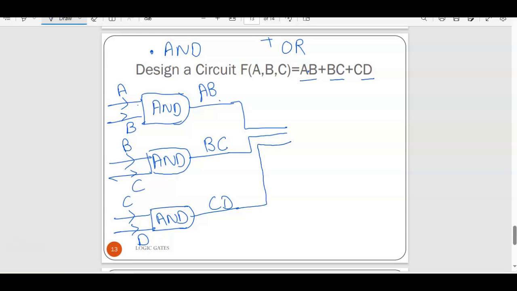Okay, and in between you can see we have a plus sign, which is one OR gate. So you should be clear with their symbol, and this is the symbol for OR. And when you will check the output, you will get the given expression F of A, B, C, D, AB plus BC plus CD. So I hope you understood this one.